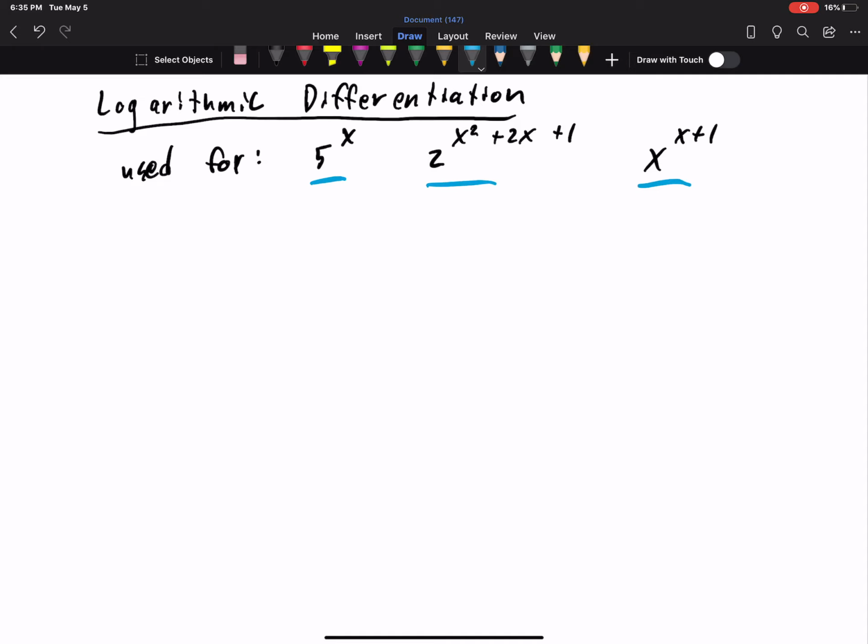This differs from what we're used to deriving, which is like you have a variable in the base and some number to an exponent. Now here the roles are reversed. You have something else in the base and you have the variable in the exponent. So in short, logarithmic differentiation is used for exponential expressions.